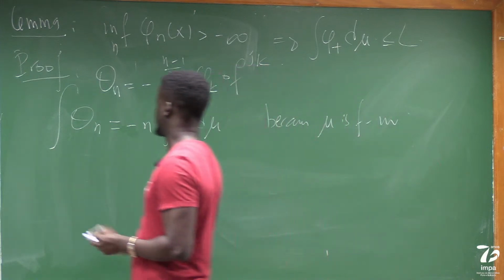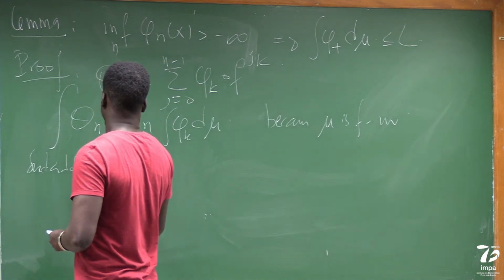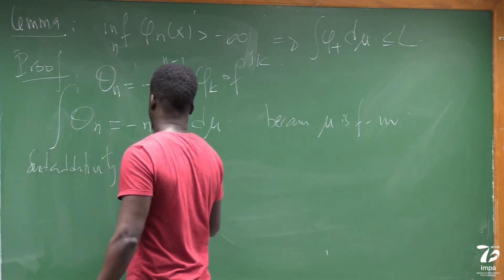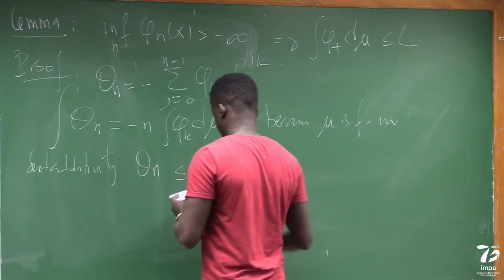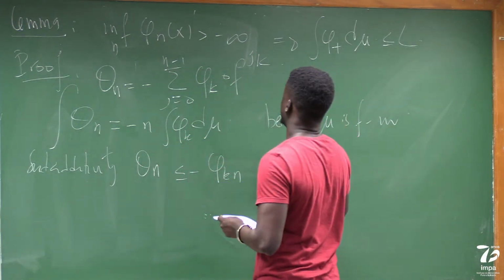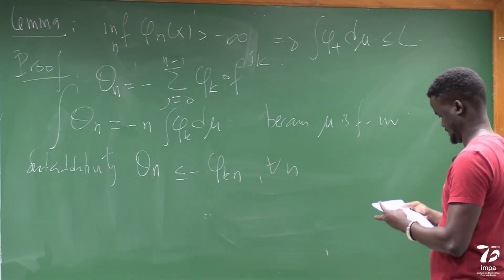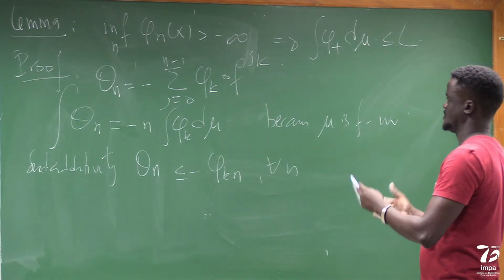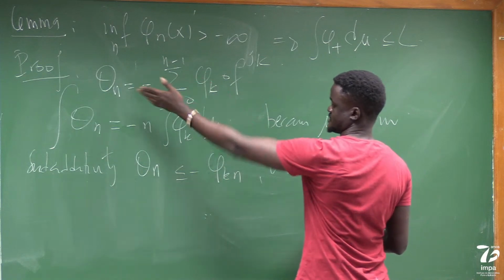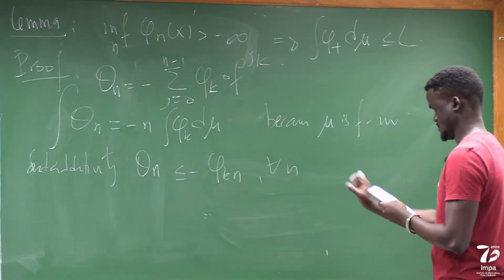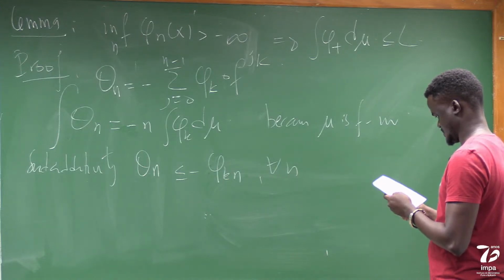This is a minus because of that minus we have here. And if you use sub-additivity, what you get is that theta n is less or equal to minus phi k n for every n, because you know phi k n will be less than this type of thing, which you put a minus to have the other inequality.